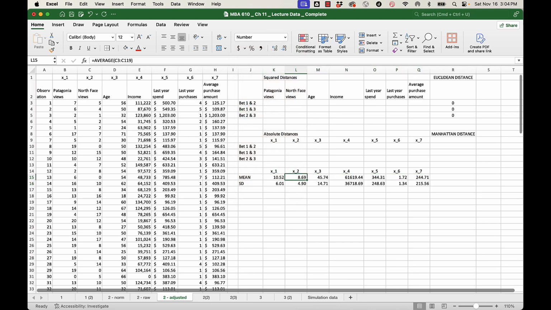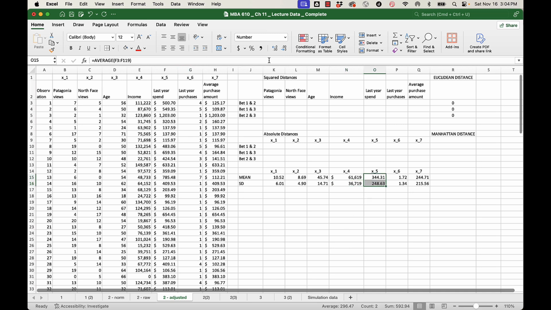The number of North Face product views on average was 8.69 with a standard deviation of 4.9. With regard to age, our customers' average age is 45 years with a standard deviation of 14. Our customers' average income was about $61,000 with a standard deviation of $36,000.